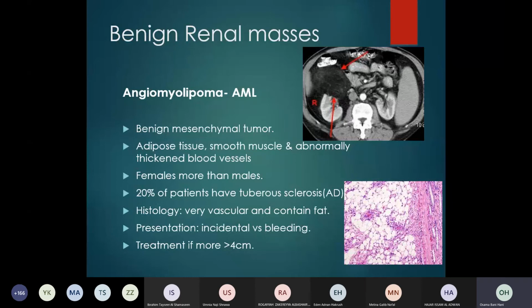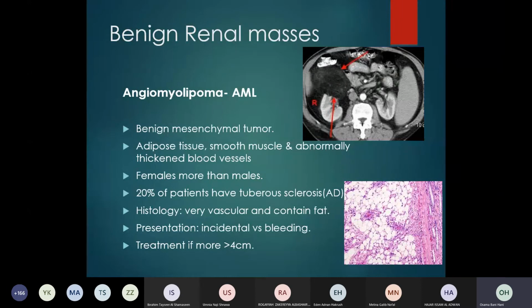Usually females are affected more than males. One fifth of these patients have tuberous sclerosis, which is an autosomal dominant neurological disease, and those patients have increased risk of angiomyolipomas. Usually it's very vascular because of angio and contains fat.